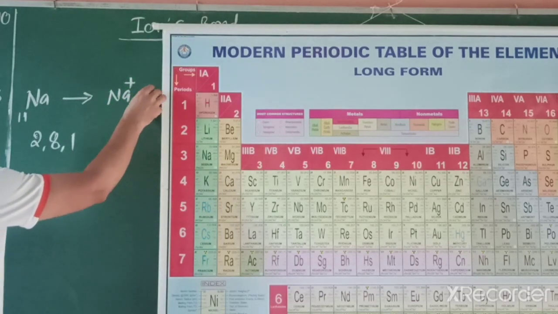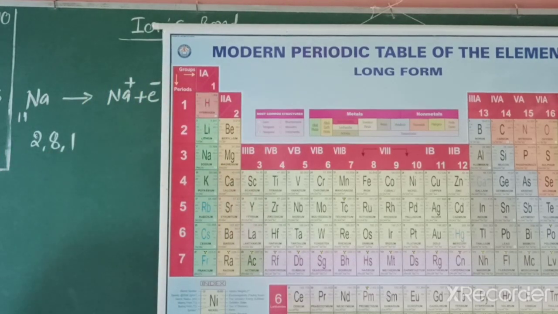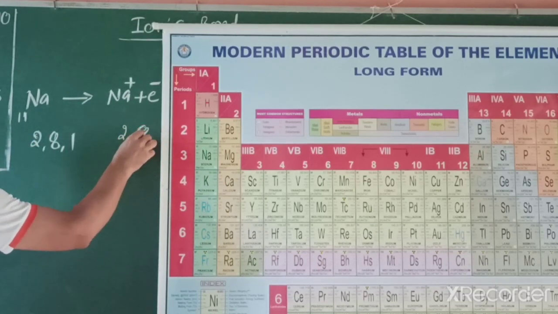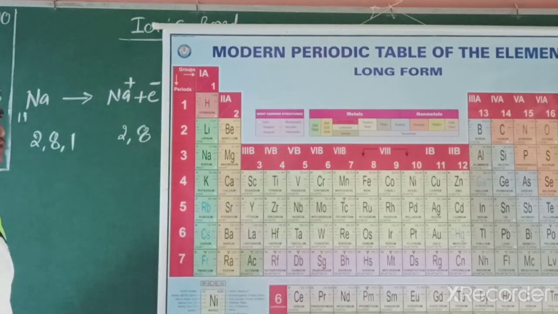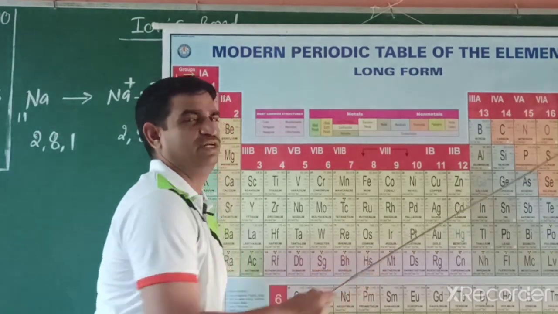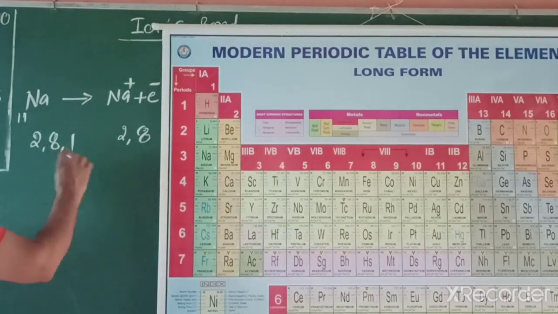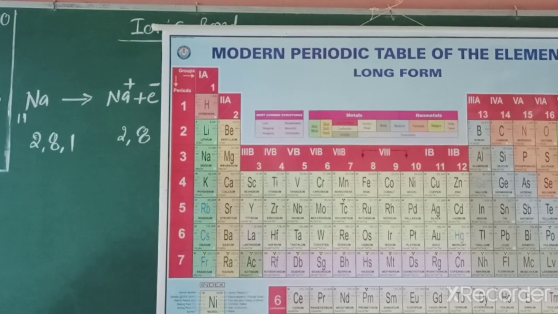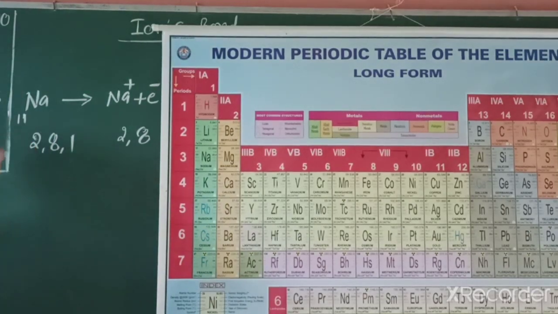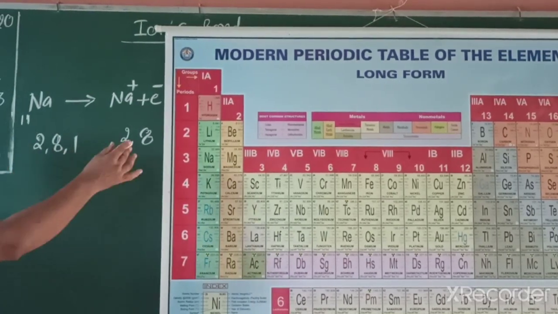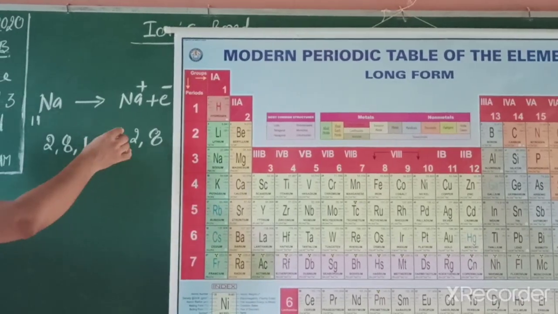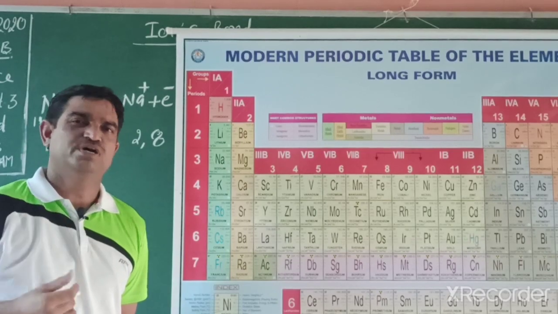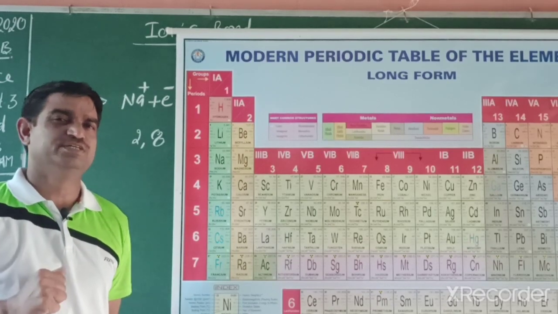The sodium ion's electronic configuration is 2, 8, similar to neon, a noble gas. So this is stable. Why? Sodium has 11 protons and 11 electrons, but when it loses one, it has 10 electrons and 11 protons. Overall protons increase, so its size decreases.